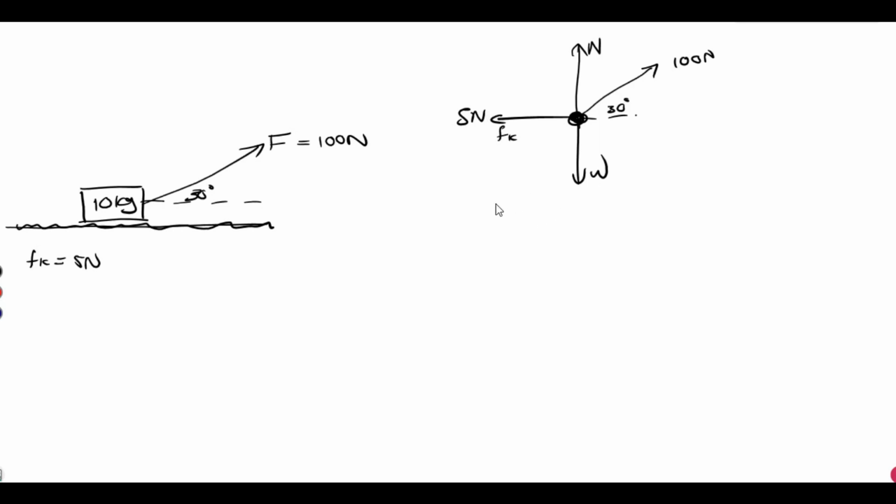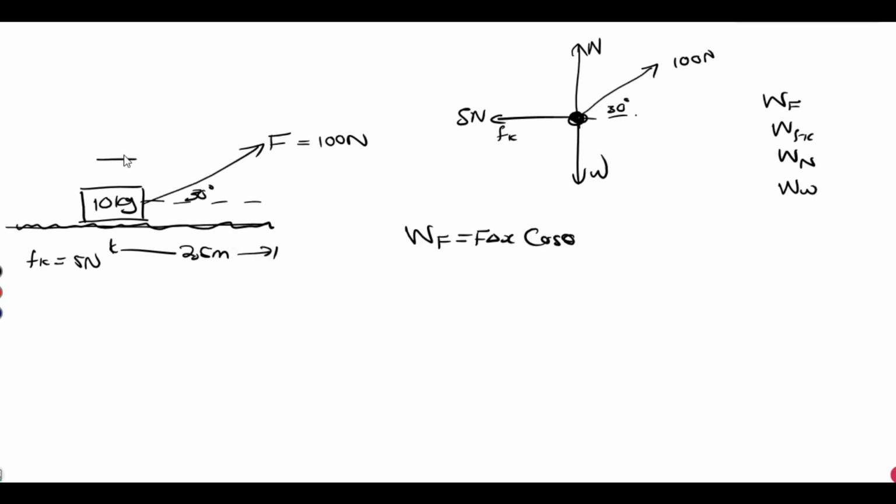So now we are going to calculate the work done by the applied force, the work done by the frictional force, the work done by the normal force, and the work done by the weight. Now for the work done by the applied force, remember it's F delta X cosine of theta, provided that this block is sliding 2.5 meters towards the right.